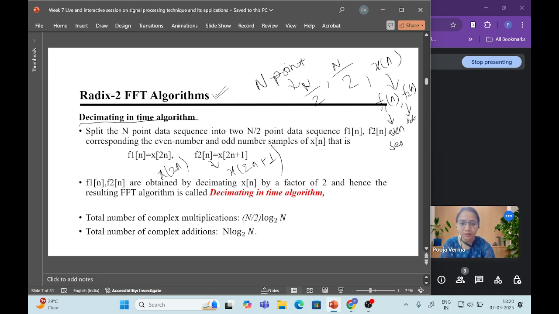Okay, so f1[n] and f2[n] are obtained by decimating x[n] by a factor of 2, resulting in the FFT algorithm called decimation in time, because whatever sequence is given in the time domain is decimated. That's why it is called decimation in time.